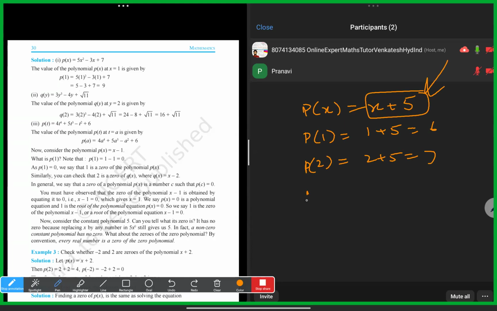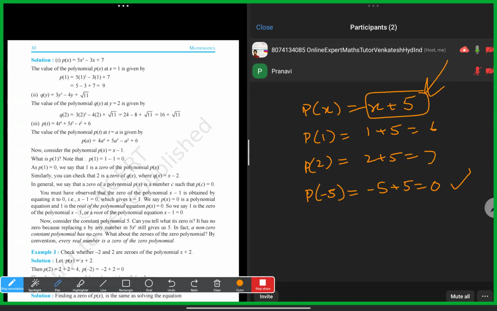If we go on substituting negative values also, if I take minus 5, then minus 5 plus 5 becomes 0. So minus 5 is the value of x for which the polynomial x plus 5 became 0.